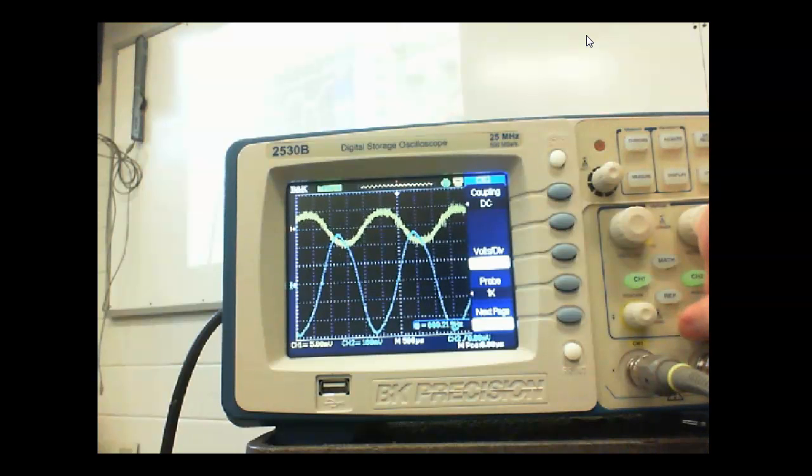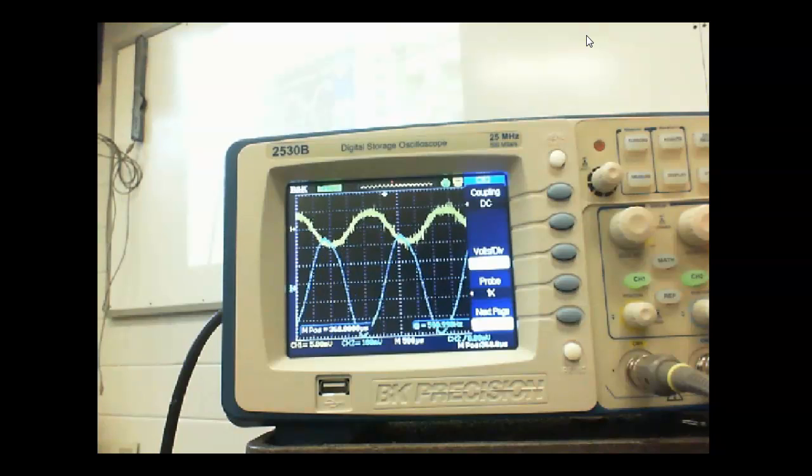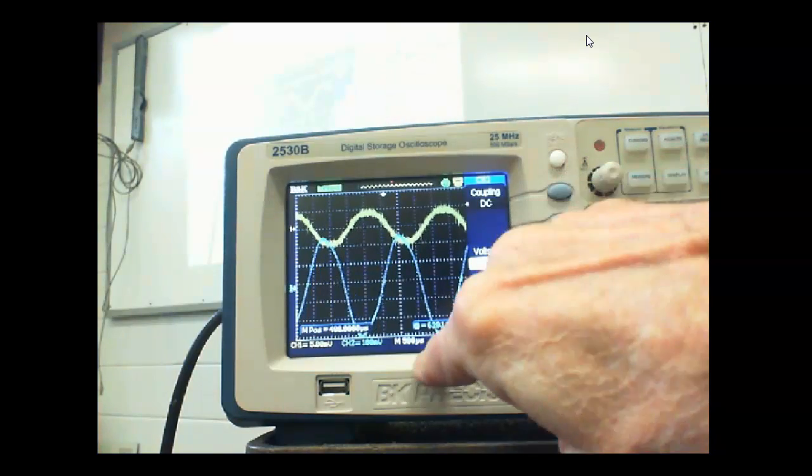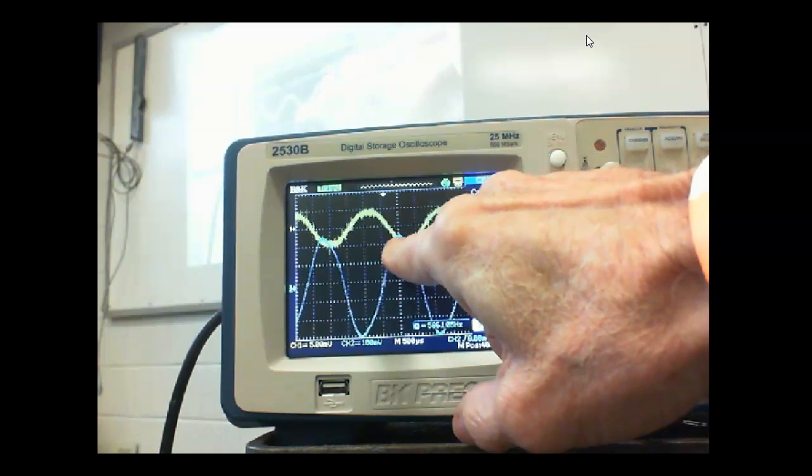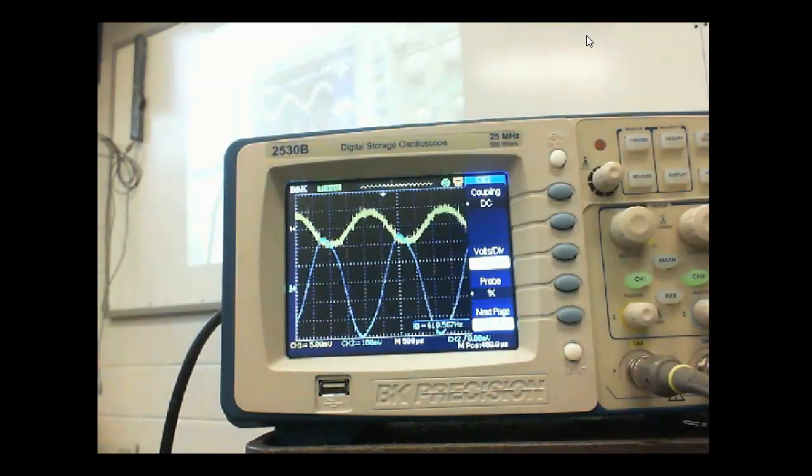So I've got it on 100 millivolts per division. That's 1, 2, 3, 4, 5 and about 6 divisions. So what would my measurement be?